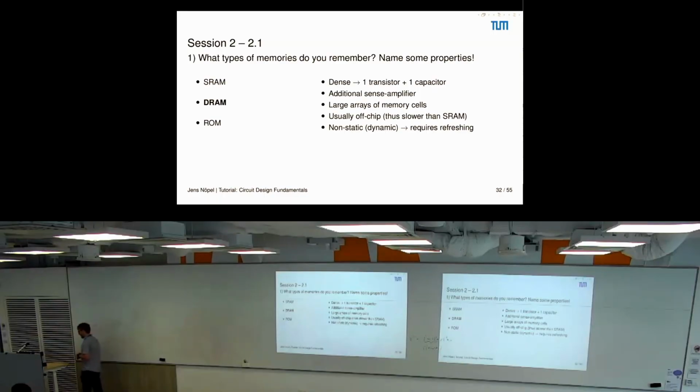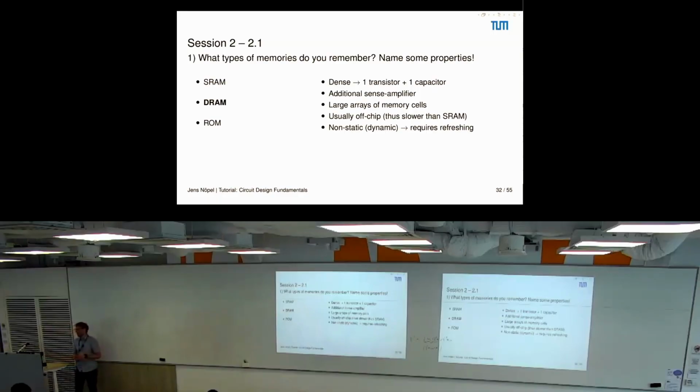The other thing is that it is non-static, it is dynamic. If you do not refresh the data that is stored in the DRAM memory cells, you just lose them. So usually you have DRAM controllers that control those cells and also automatically refresh them.